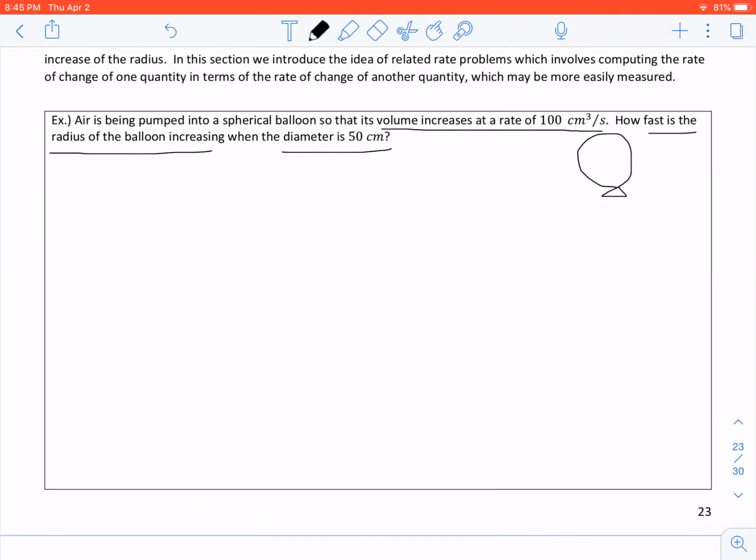So first thing is that we are dealing with a spherical balloon, and we're talking about volume and we're talking about the radius. So I need to have a formula in order to relate those two things. We know that the volume of a spherical balloon is 4/3 pi r cubed.